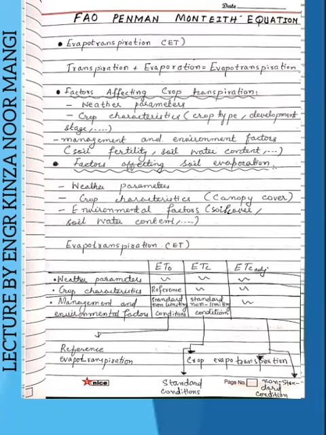Third is the management and environmental factors, like soil fertility and soil water content, whether the land is cultivated or uncultivated, whether there is any crop or it is barren land, and how much water is present. If there is less water present in the soil, then there will be less evapotranspiration.